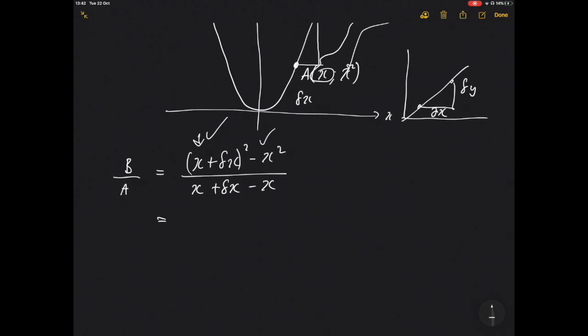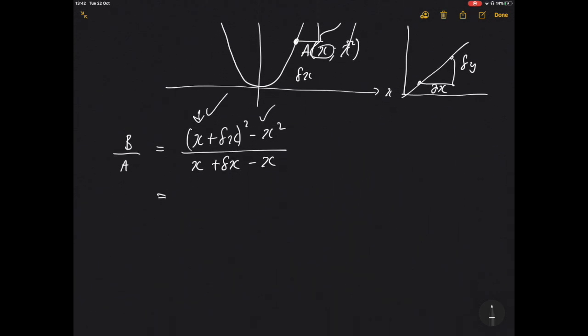So if we were to just neaten this up a little bit, we have very similar equations here. We can actually begin to neaten it up. So that would cancel with this. We could multiply this out, and then the x squared would be x squared plus 2x delta x plus delta x squared, minus x squared, and that would be all over our delta x.